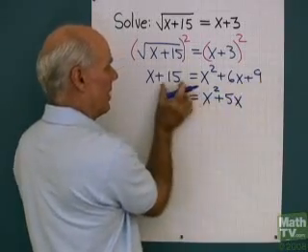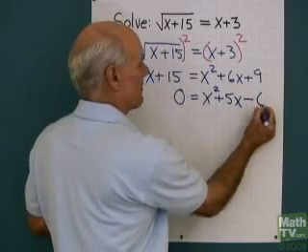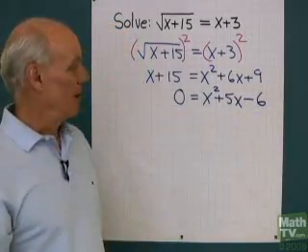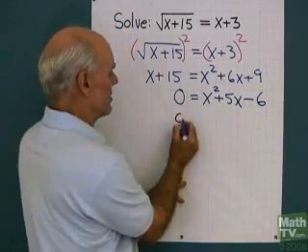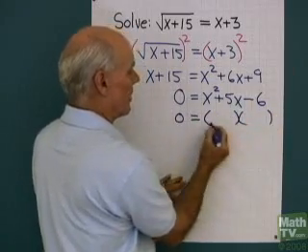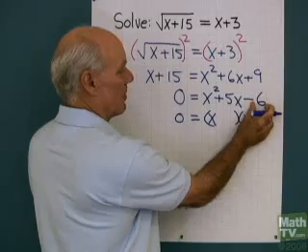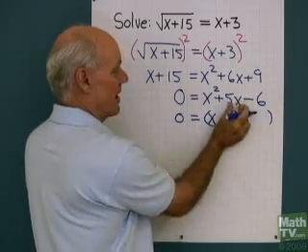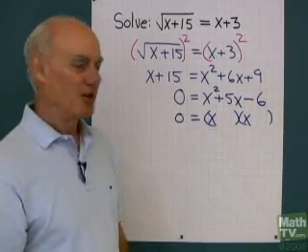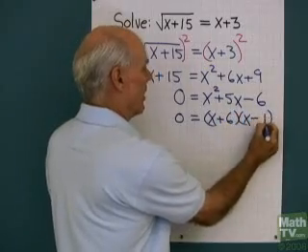And then 9 plus the negative 15 that I add to each side, I end up with negative 6, equal to 0, so I want to factor this now. So I'll say 0 is equal to, I'm looking for two numbers to multiply here and here to give me x squared, x and x. Two numbers to multiply and get negative 6 and add and get 5. Those would be positive 6 and negative 1.